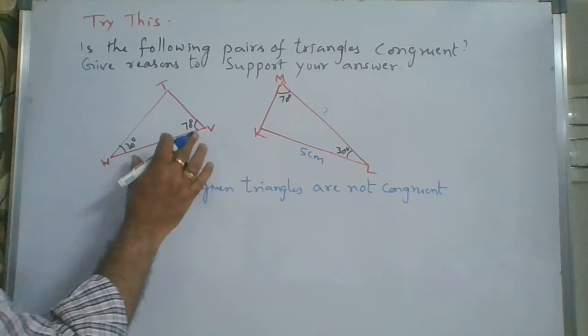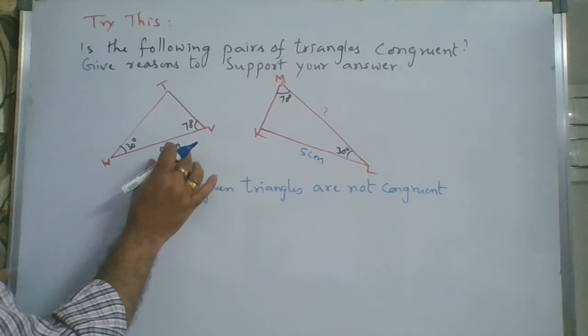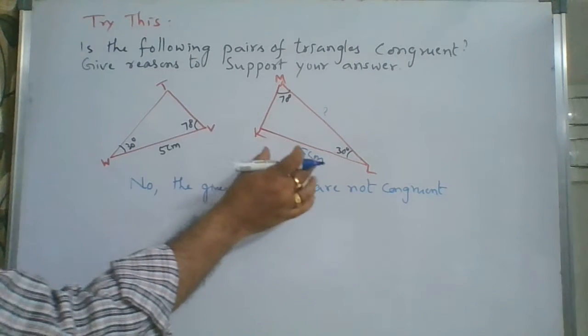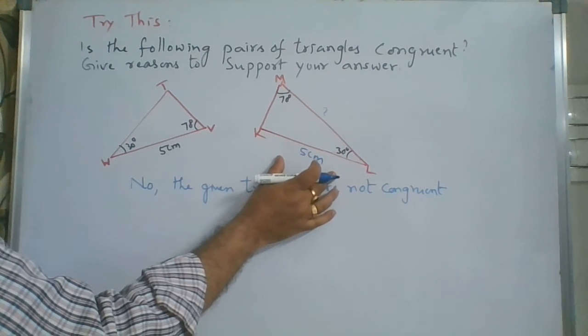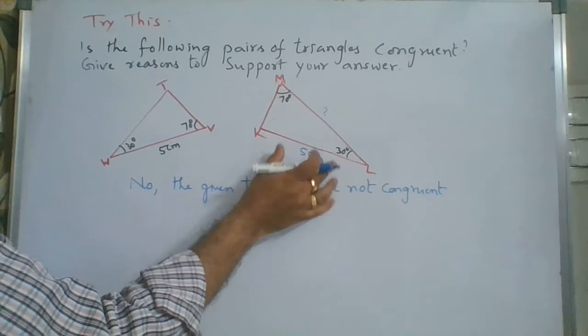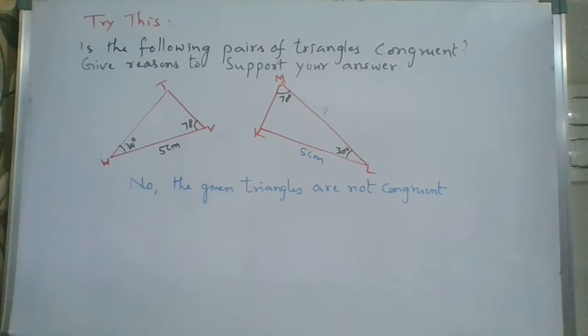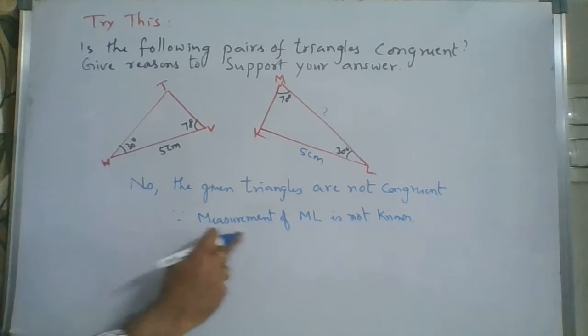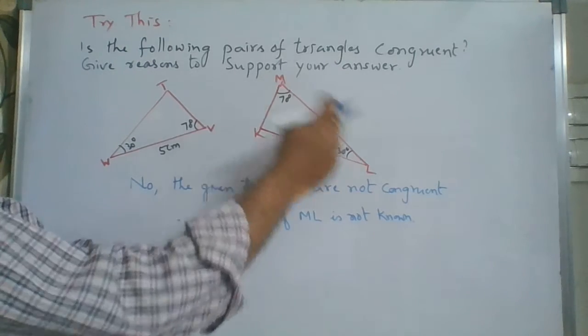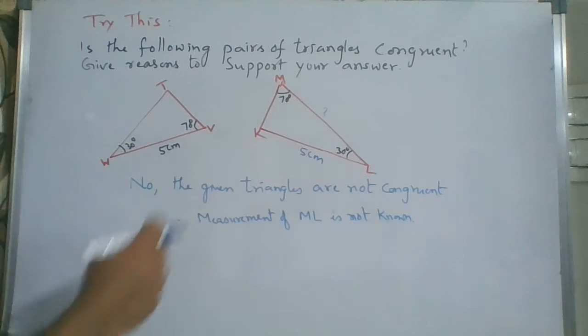Because two angles and the included side of one triangle are not equal to the two angles and the included side of the other triangle, since the measurement of the ML side is not known in the other triangle.